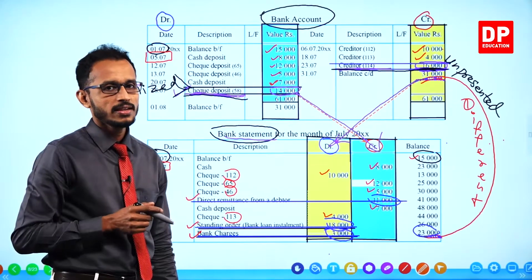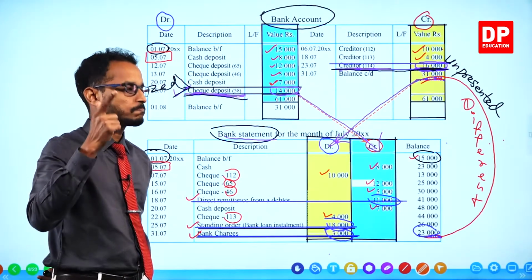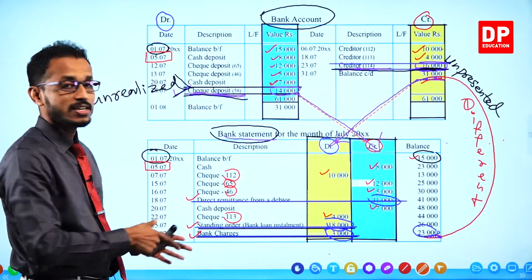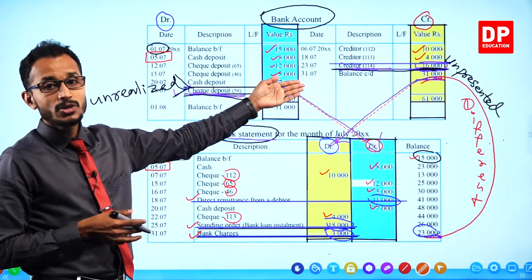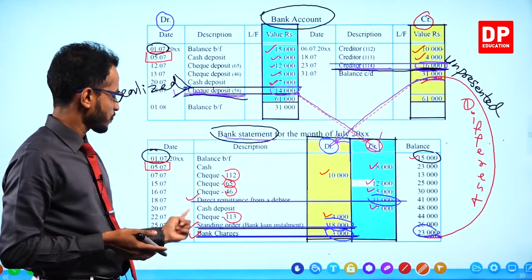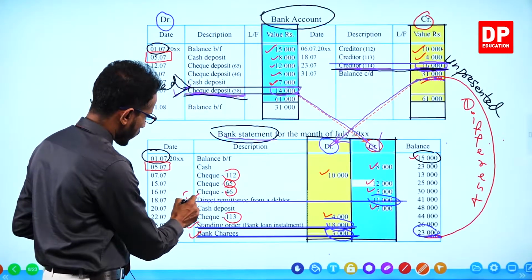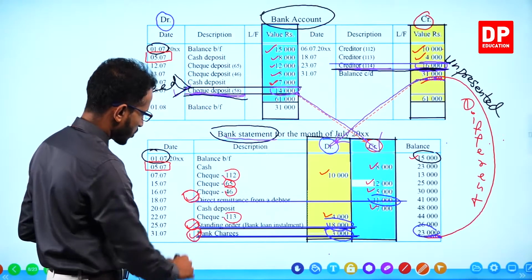That is when you understand, right. So these are the items we should take to the bank account when we adjust the bank account to the adjusted bank account. These items. Direct remittances, standing orders, bank charges.